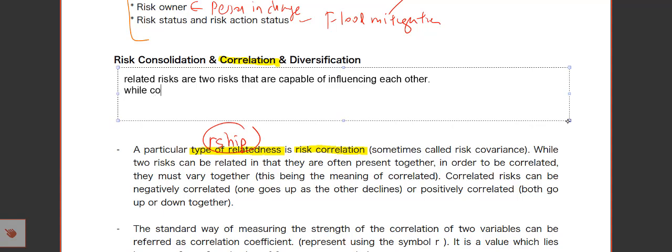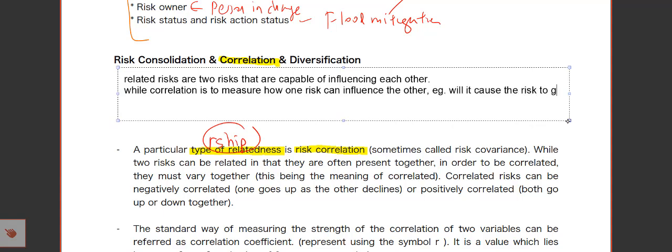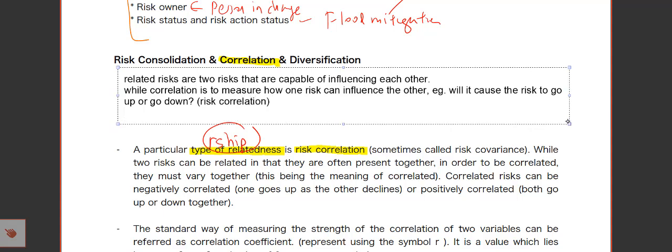While correlation is to measure how one risk can influence the other. Example, will it cause the risk to go up or go down? Now that is risk correlation.